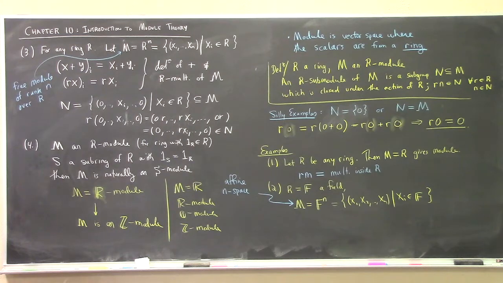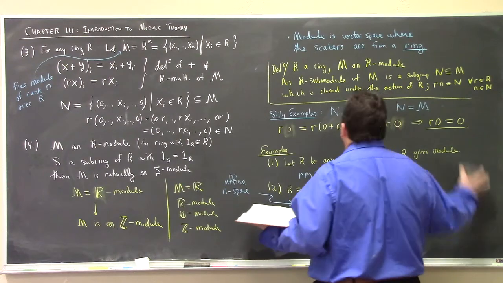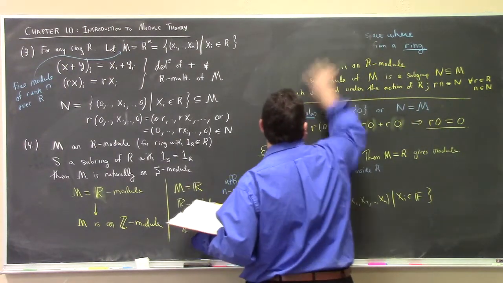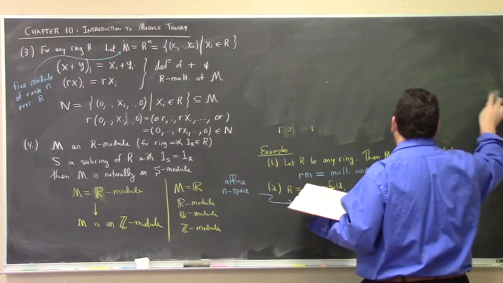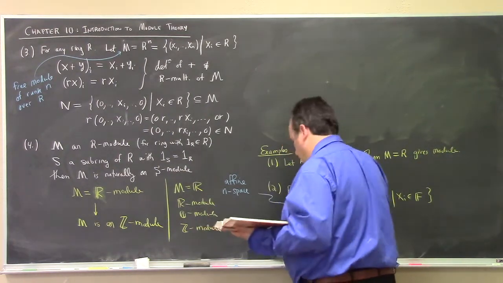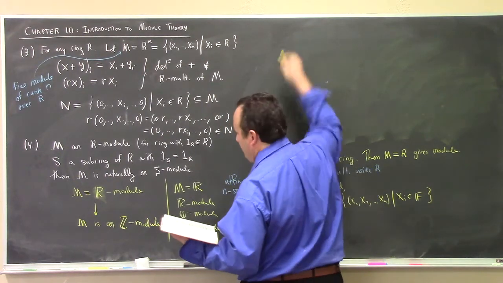All right, example 5. We haven't really gotten to anything that makes for scary homework problems yet, have we? No. Not too bad so far. Don't worry, all of a sudden it'll happen.